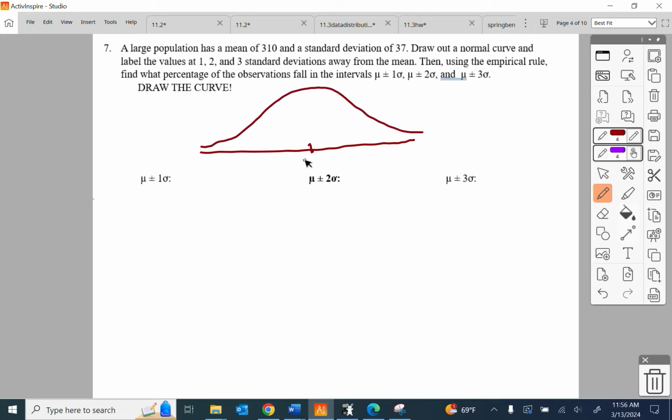The mean is 310. If I add 37, I'd be at 347, I think. The next one ought to be 384. And then I'm going to add 37 again. Just hit a wall there. It'd be 414, 421. That seems right. You should probably check me.